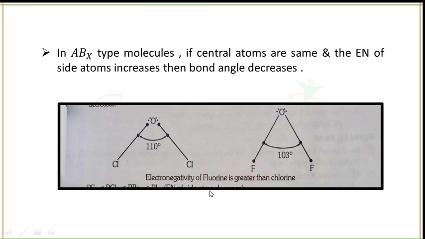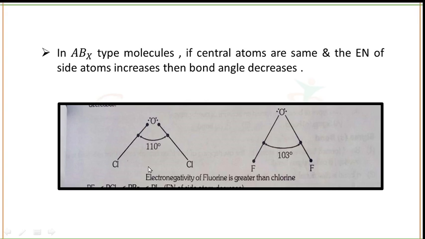Next point is, in an AB2X type of molecule, if the central atom is the same and the electronegativity of the side atom increases, then the bond angle decreases. Now you have a similar kind of central atom while the bonded atoms are different. In that particular case, electronegativity is inversely proportional to the bond angle.